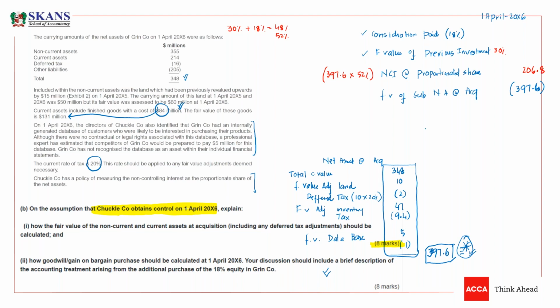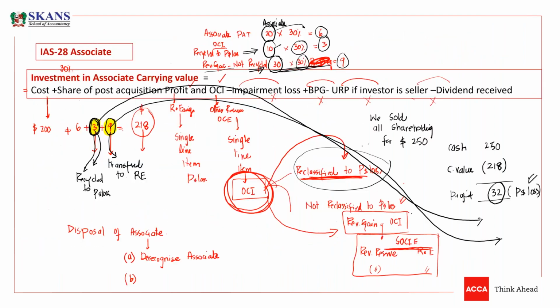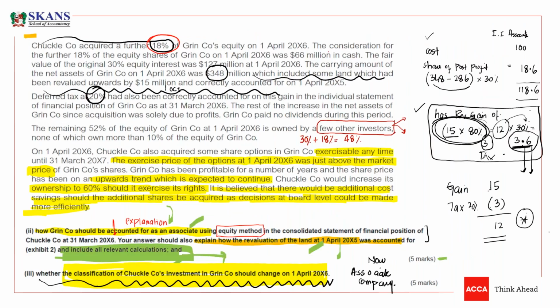Now, guys, what is next? This is something that you can pick from the previous exhibit. Look, the consideration for a further 18% required was 66 million.